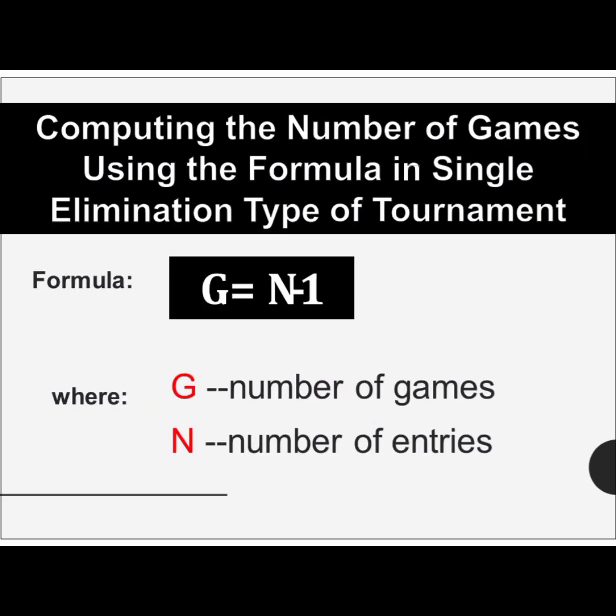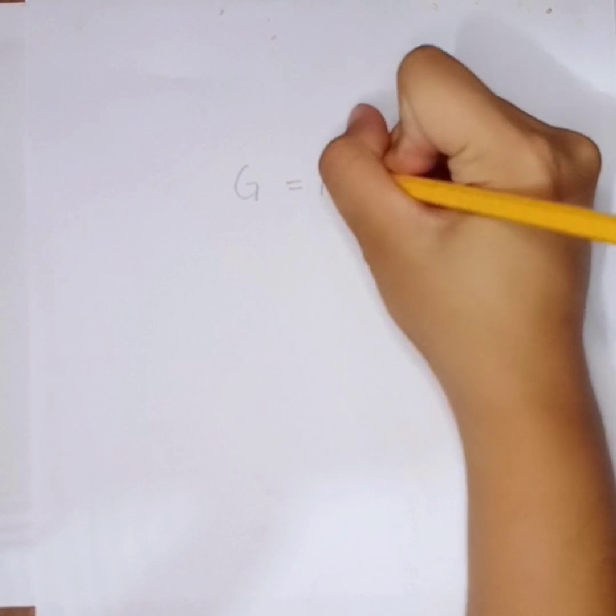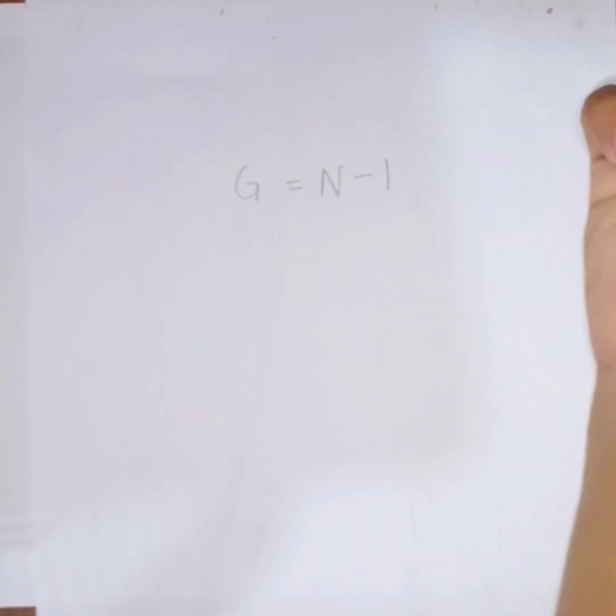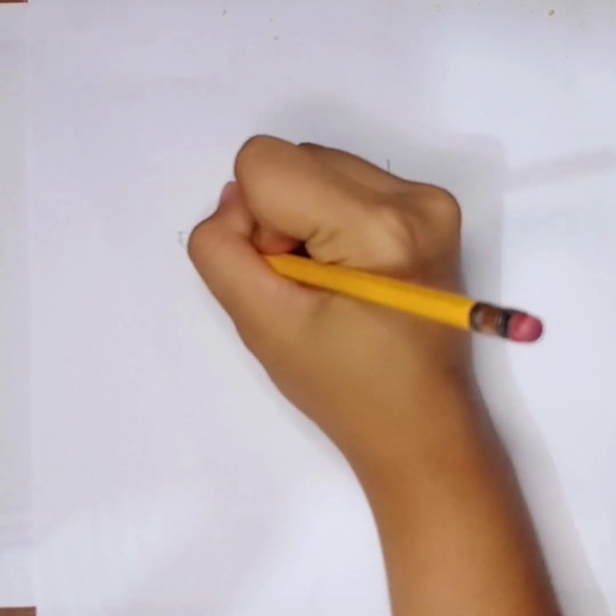For solving this elimination, we have to follow this formula. G equals n minus 1. G is the number of games and n is the number of entries. Let's try solving using this formula. Okay, writing the formula first.